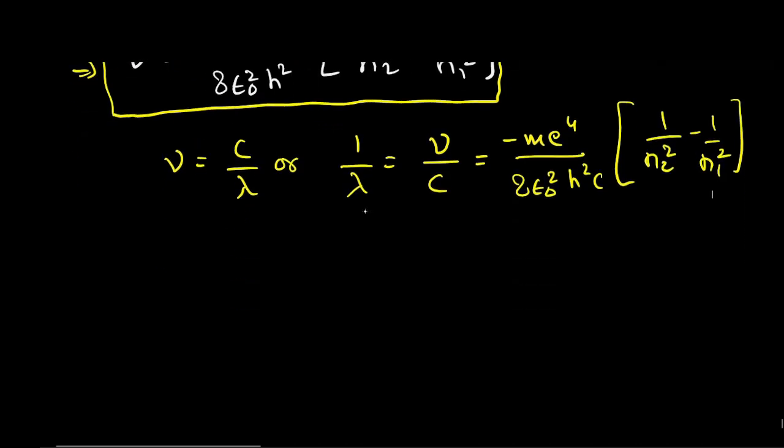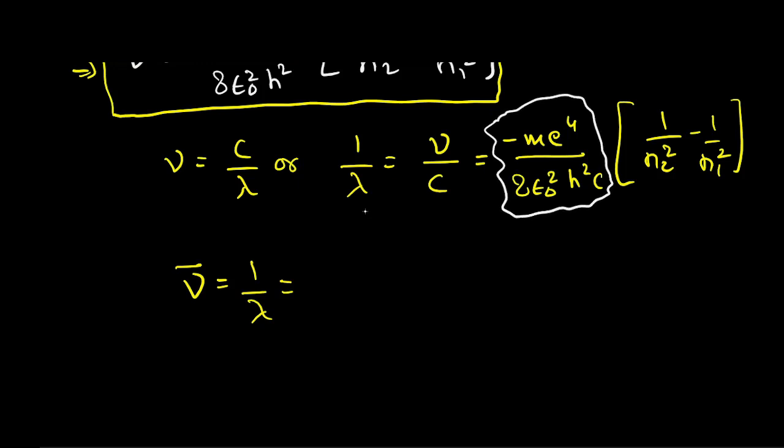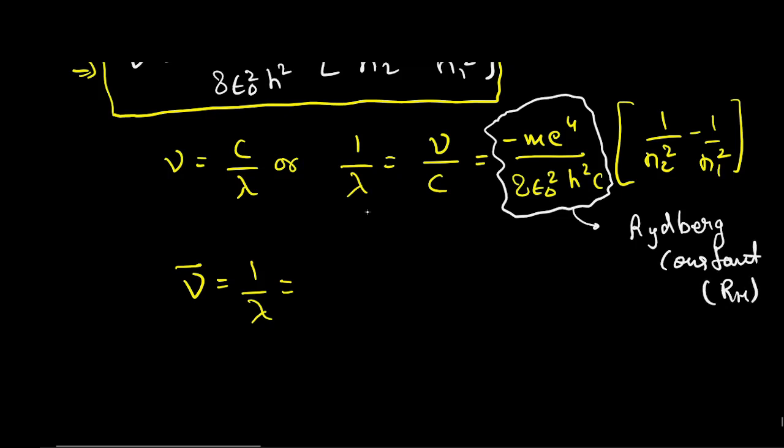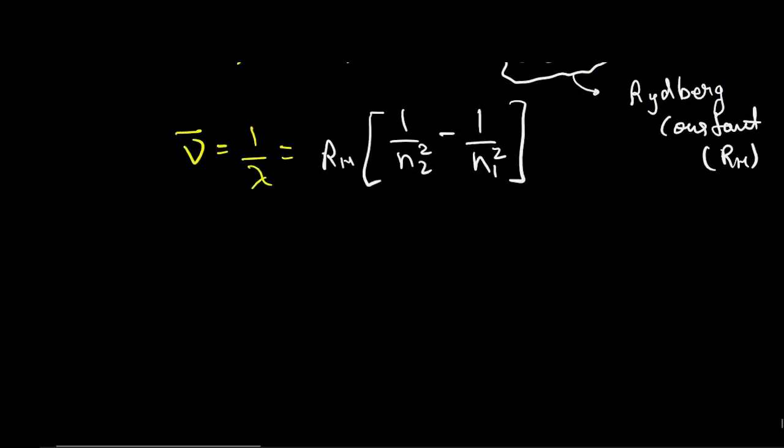From here we get a new quantity, the wave number nu bar, 1 by lambda, and this whole constant is a constant quantity which we call the Rydberg constant, written as RH, multiplying 1 by n2 squared minus 1 by n1 squared.